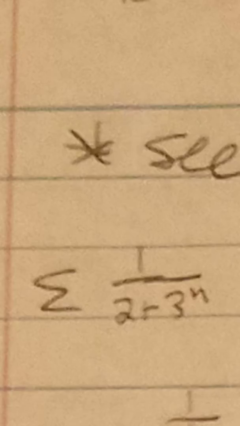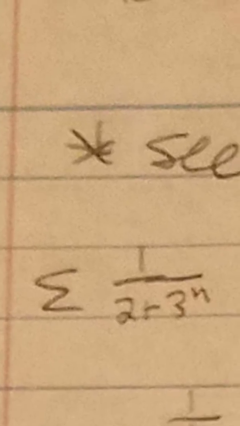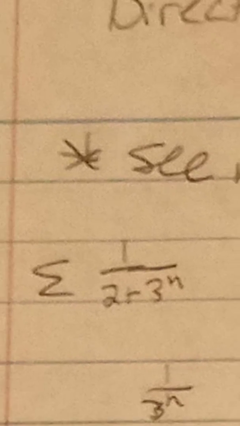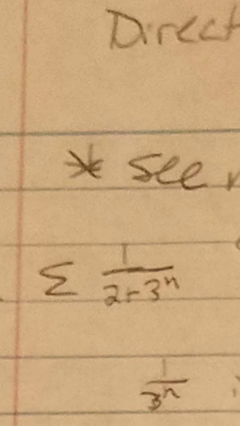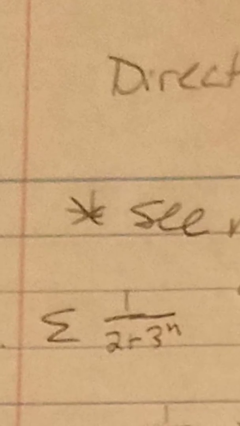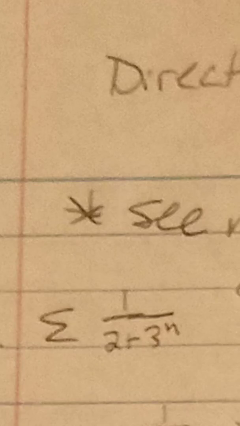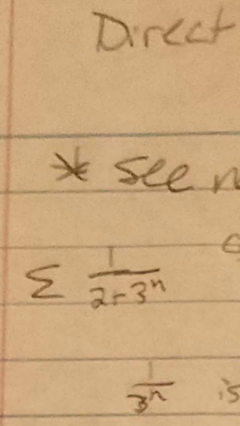Essentially, what this comparison test says is if a sub n is less than b sub n, so if your original function is less than the function you are comparing it to, and the function you are comparing it to you know converges, then your function converges. That makes sense, right?